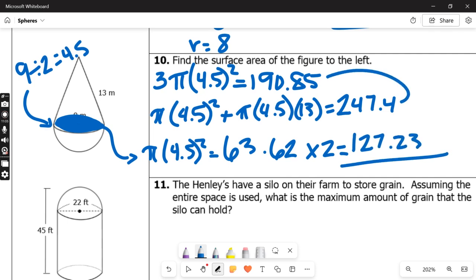So I'm going to add these two together, and then subtract this one. So I'm going to do 190.85 plus 247.4 minus 127.23. I'm going to get 311.02. And this will be meters squared.